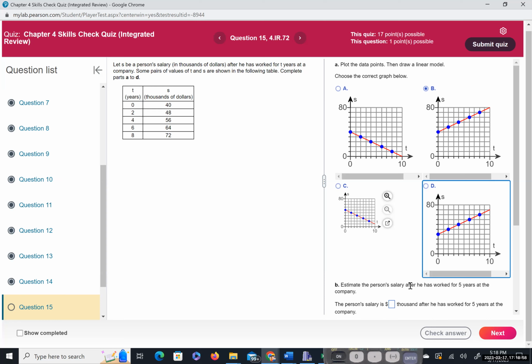Okay, so next, estimate the person's salary after he has worked 5 years at the company. So 5 years, we mean T here, right? So you look at the 5 years. Where's the 5? 1, 2, 3, 4, 5. 5 is here. You go up and you see this point. So what is that going to be?